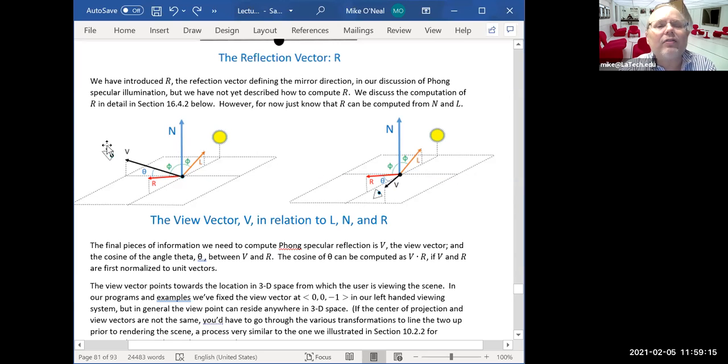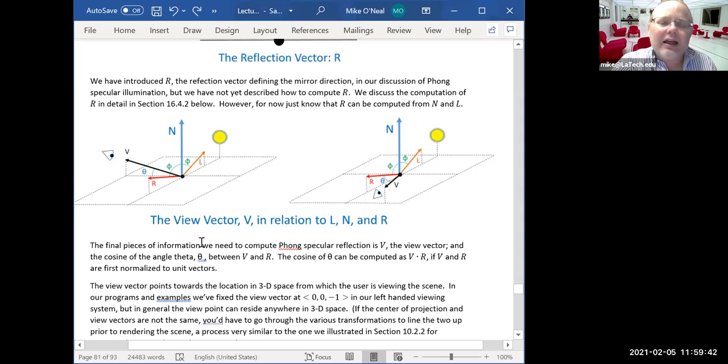We have to know where the viewer is in space relative to this whole system here. So we have 4 vectors, L, N, R, and V, and we have 2 angles. We have phi, the angle between the surface normal and the lighting vector, which is the same as the angle between the surface normal and the reflection vector. And then we've got another angle, theta, between the reflection vector and the view vector.